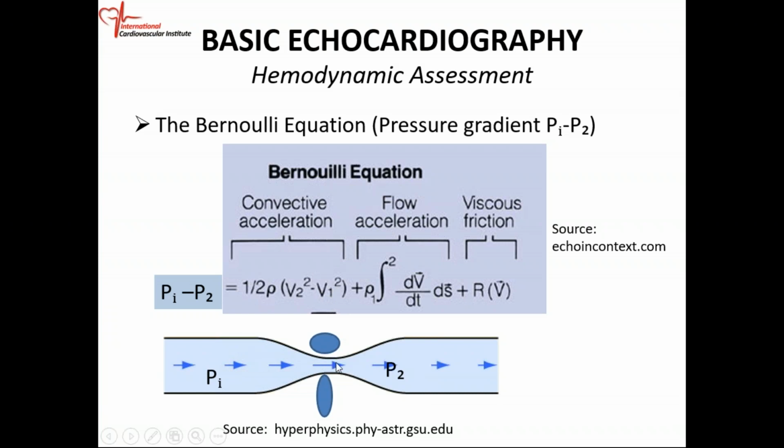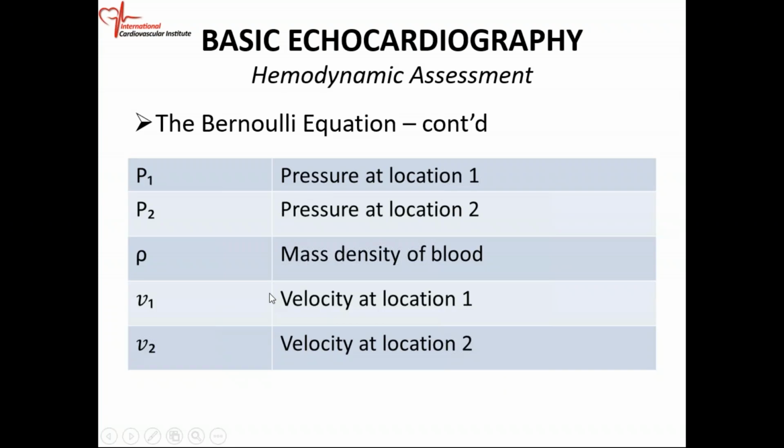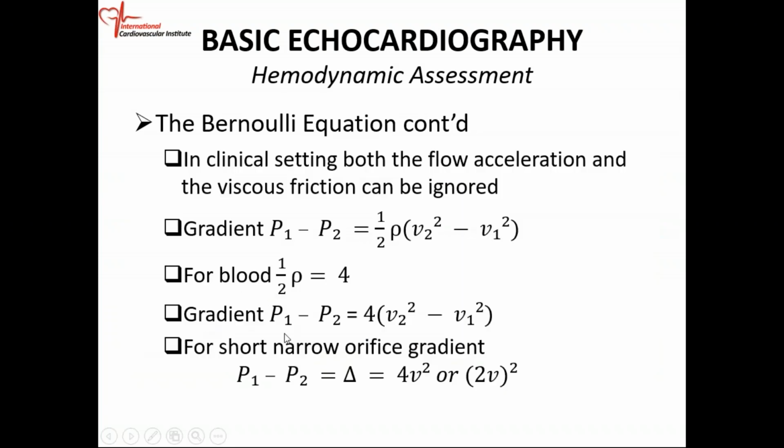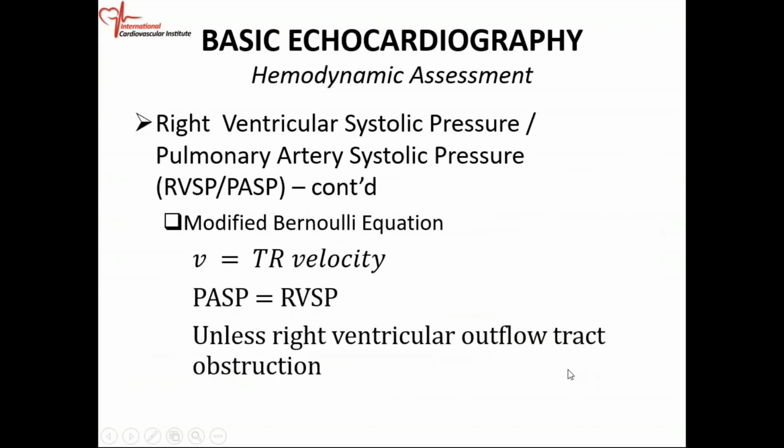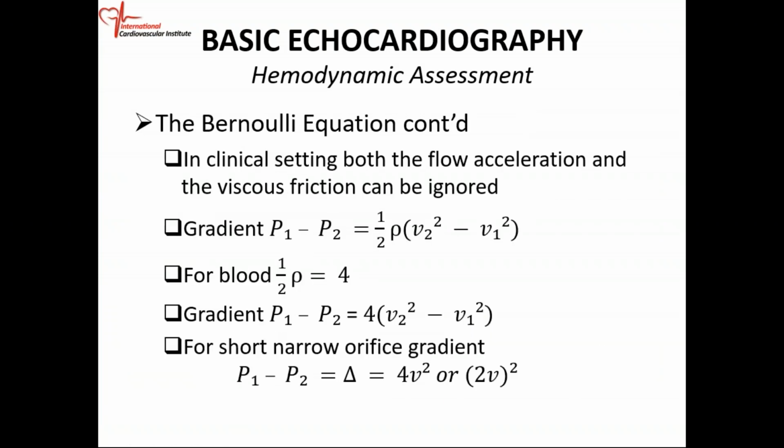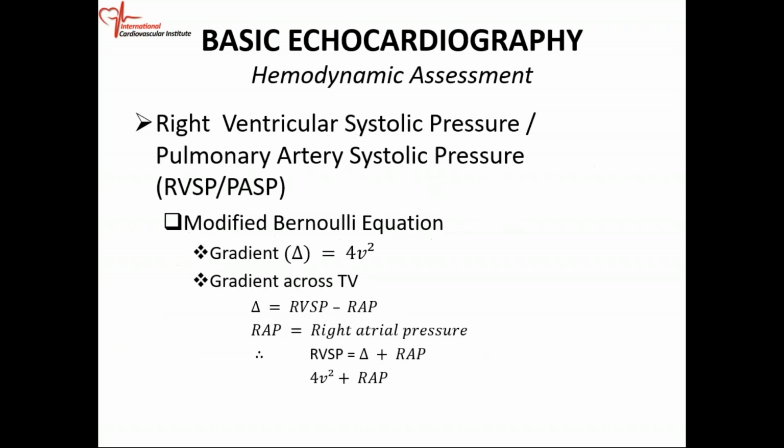You can ignore it because the velocity at this point is going to be much greater than here. And then for blood, mass density is approximately 8, so half of 8 is 4. That is why we end up with this equation: pressure gradient is equal to 4V squared. Again, it's a very important formula. You're going to use it throughout your echo career.